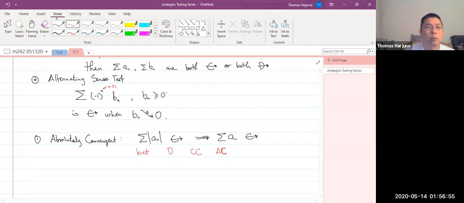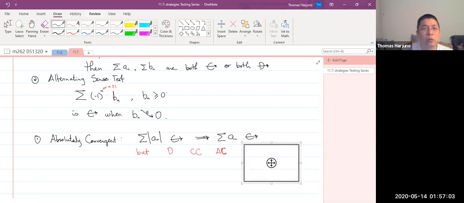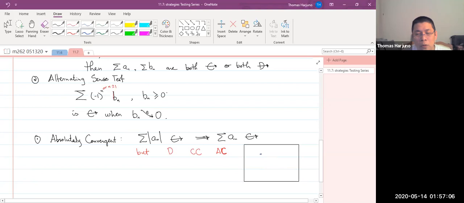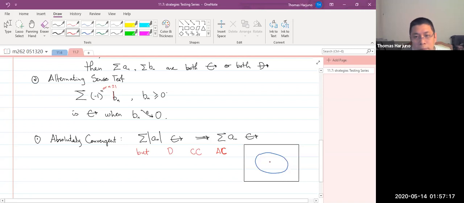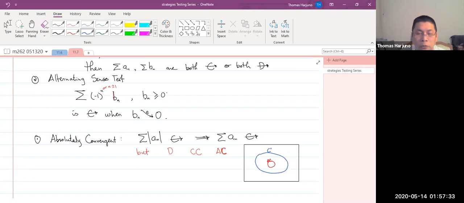To memorize that, you may prefer to imagine this Venn diagram in which we have convergent, and inside of that we have absolutely convergent. So once it is absolutely convergent, it must be convergent. But it is possible the series is convergent without being absolutely convergent.